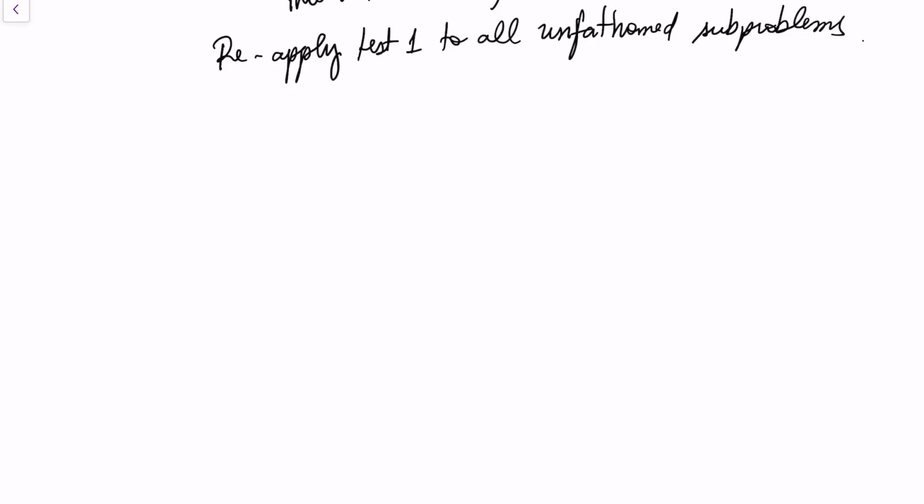Then we go to the last step of the branch and bound algorithm, step 4, that is called terminating.